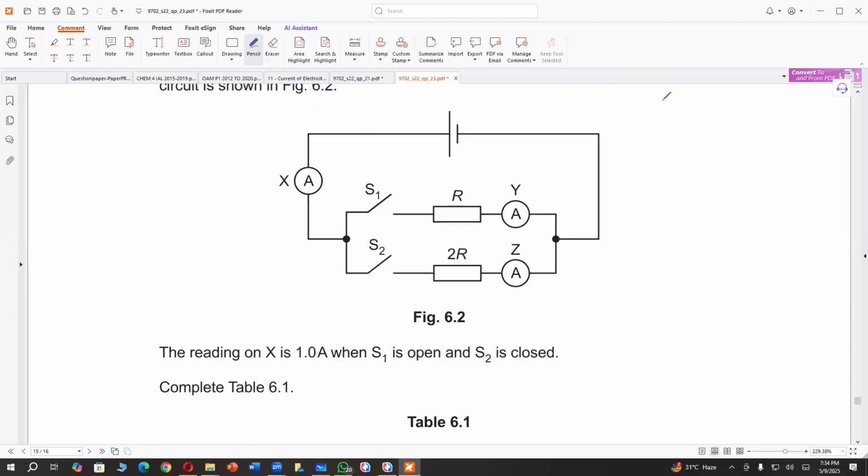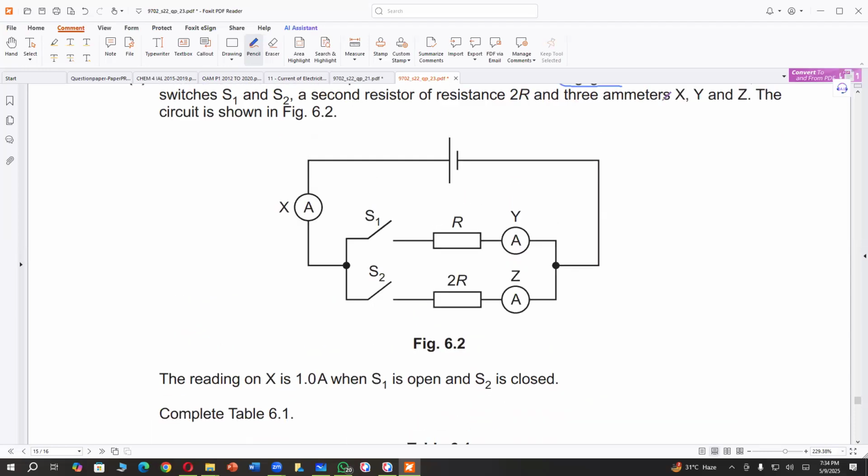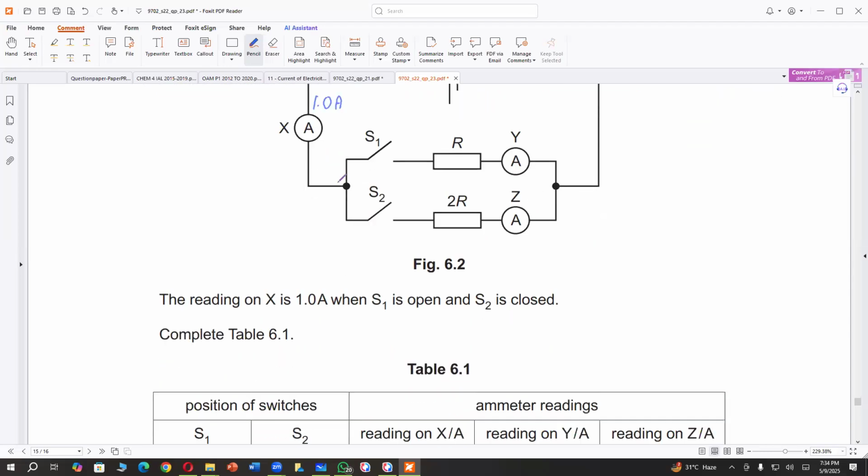The reading on X is 1 ampere. S1 is open and S2 is closed.